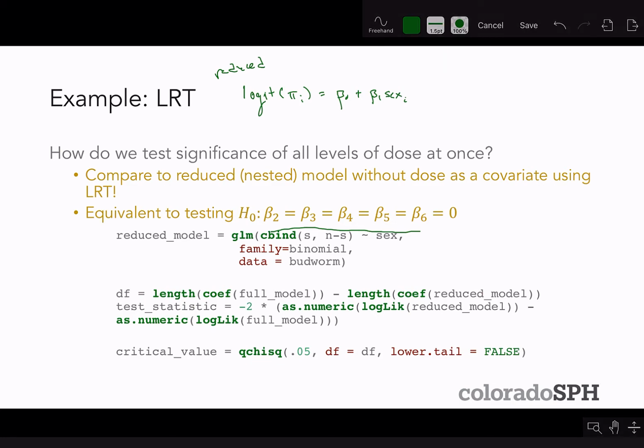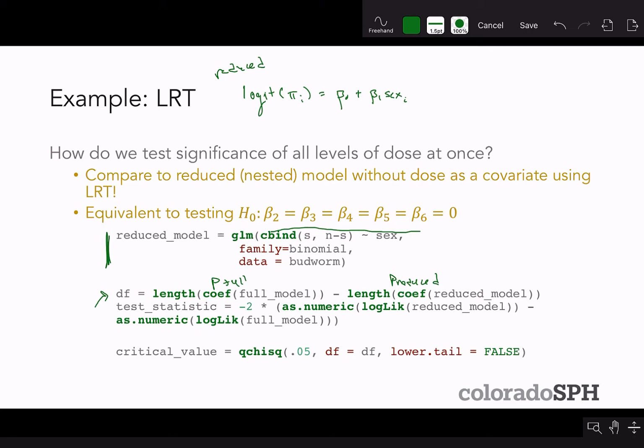So we can code up the reduced model in R here, and we calculate the degrees of freedom for our likelihood ratio test, which is the number of parameters in the full model minus the number of parameters in the reduced model.